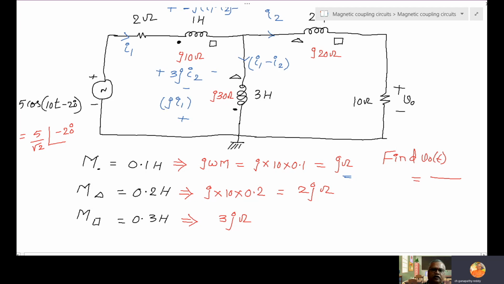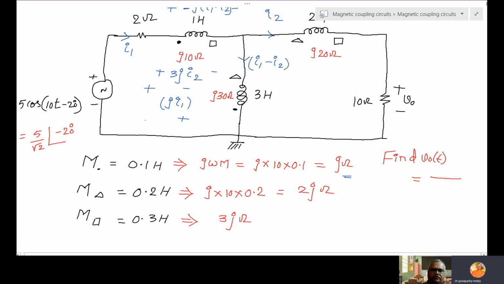If I take the upper side positive, then minus jI1 will come. Then because of I2 entering at a triangle, assume sensing at a triangle.